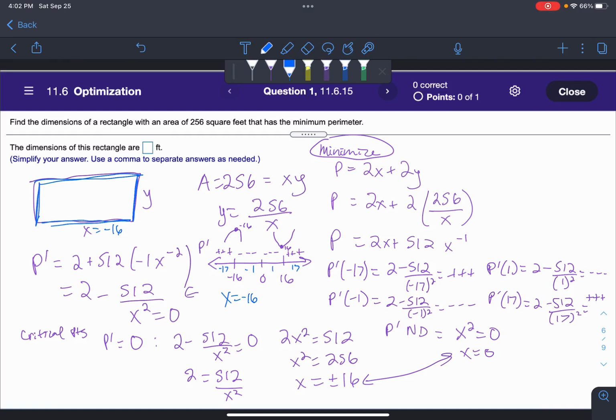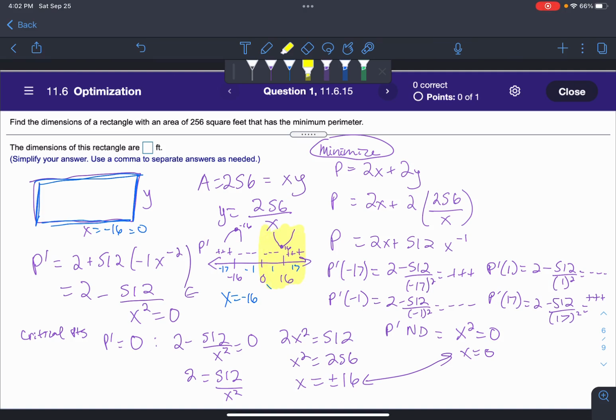So if you'd like that kind of logic as well, you can also do x equals 0. Then you wouldn't have any area, right? You would have A equals 0 times this y, which would not give me 256. But it's always good to check with the sign chart that we get this kind of behavior.